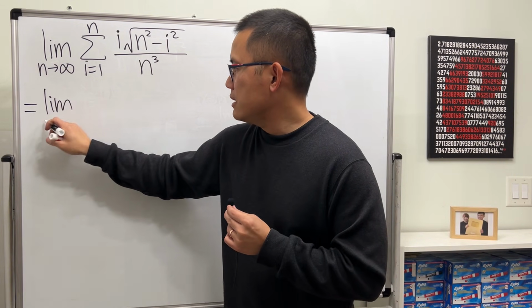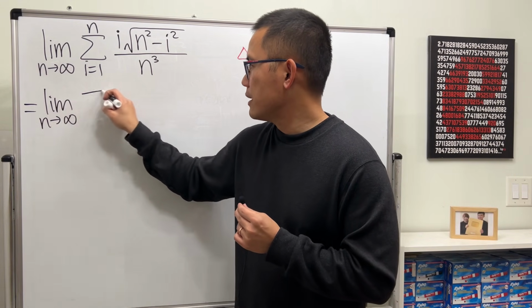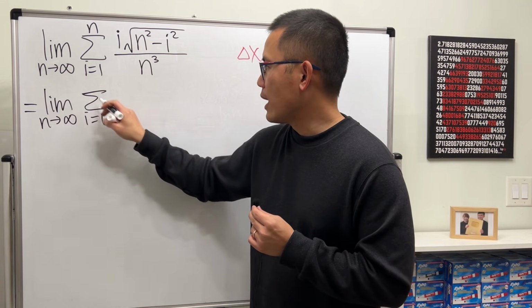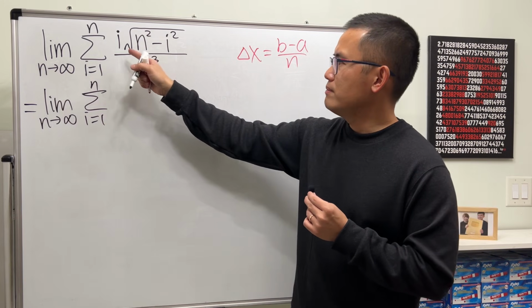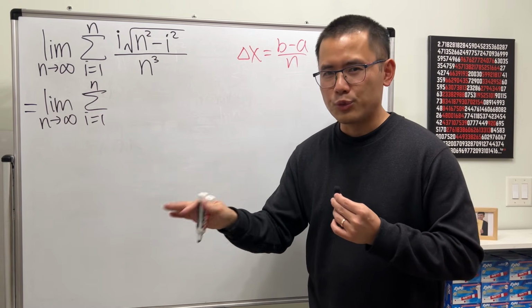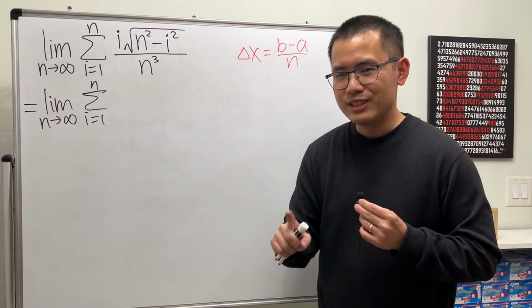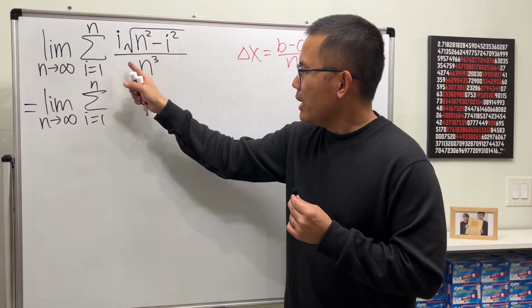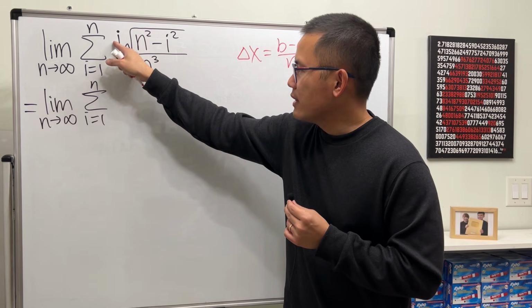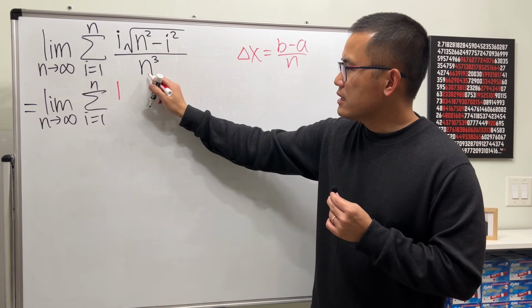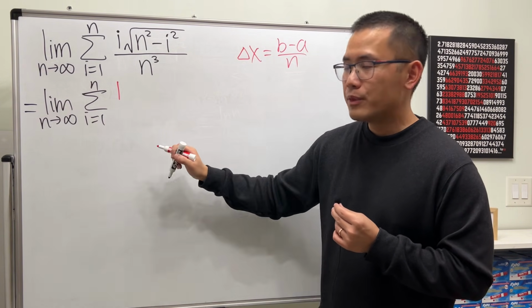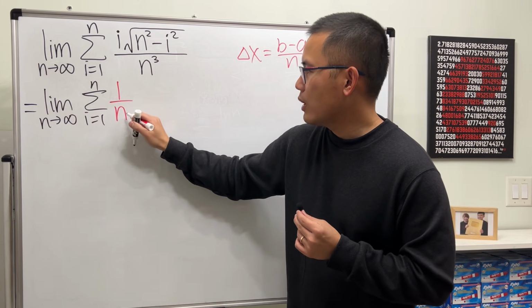So we still have the limit, n going to infinity, summation, i goes from 1 to n. I want to have a number. I don't see any actual numbers like 2 or 5 written, but you know there's 1, so we can use 1. So I'm going to write this as 1 times that. And then instead of n to the third power, I'm going to put n to the first power.